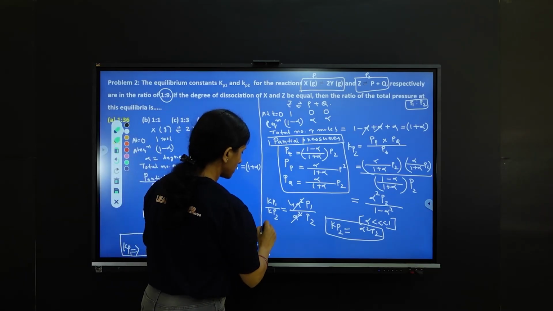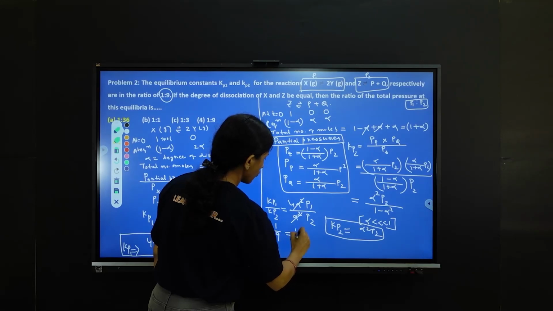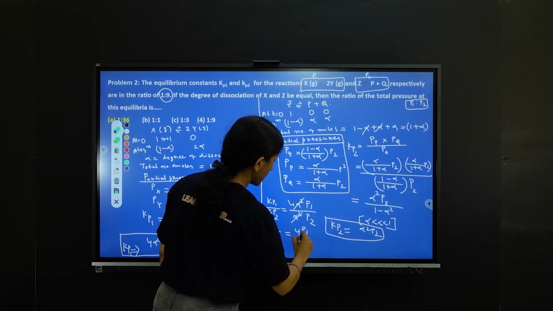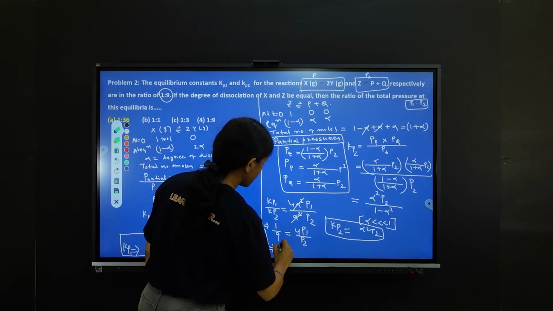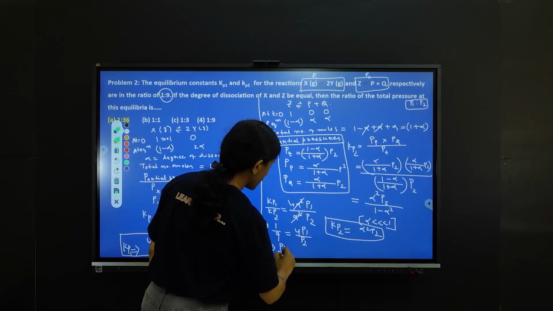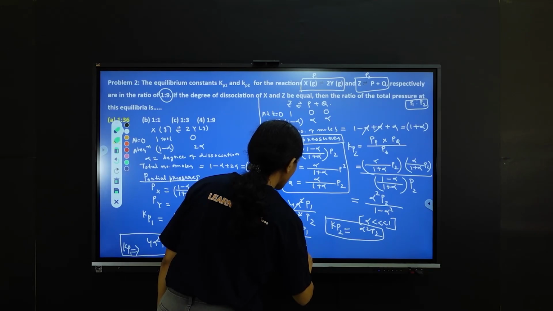So from here we can write 1 by 9 is equal to 4P1 by P2, which gives you the ratio of P1 and P2, which we are to calculate here, as 1 divided by 36.